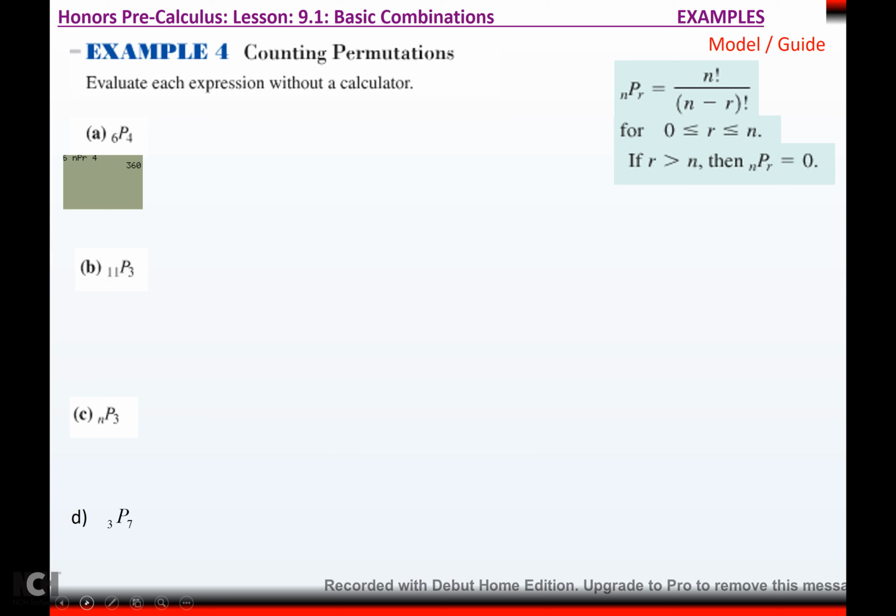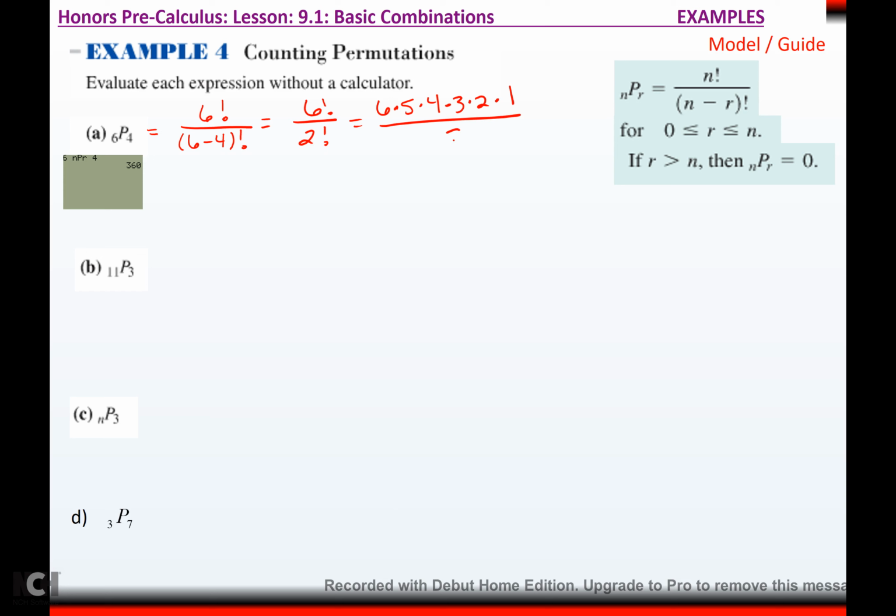So here we go. By hand first, 6 objects taken 4 at a time. This says that you take the biggest number on top, that's 6 factorial. On bottom, you're going to take n minus r, so 6 minus 4, and take the factorial of that. That is going to be 6 factorial over 2 factorial. That is going to be 6 times 5 times 4 times 3 times 2 times 1.